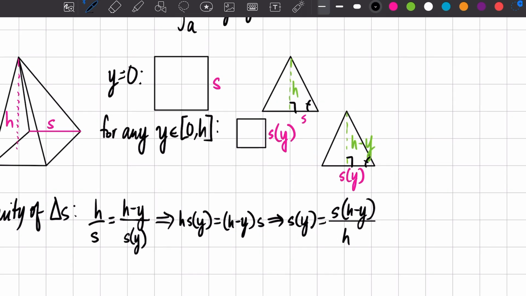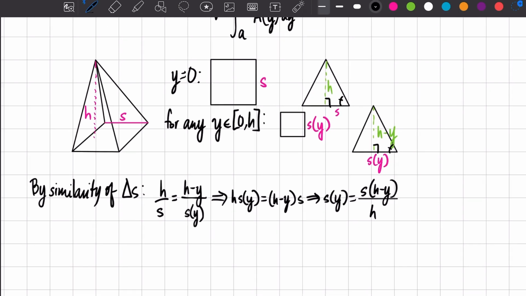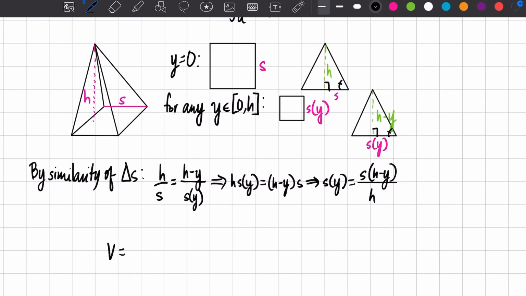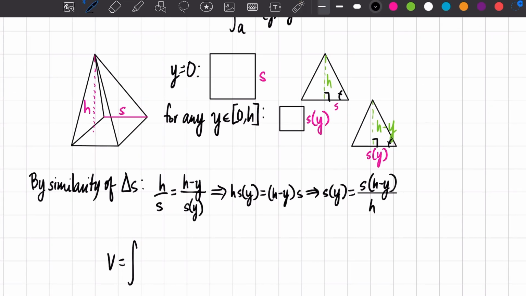So now, we can obtain the volume. So your volume then would be the integral. So the cross-sectional area would be s of y squared. That's the area of your square. So that's s of y squared dy.